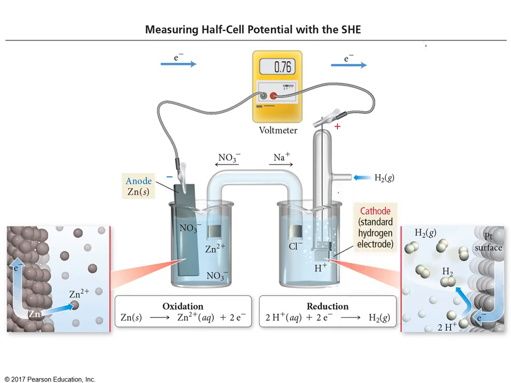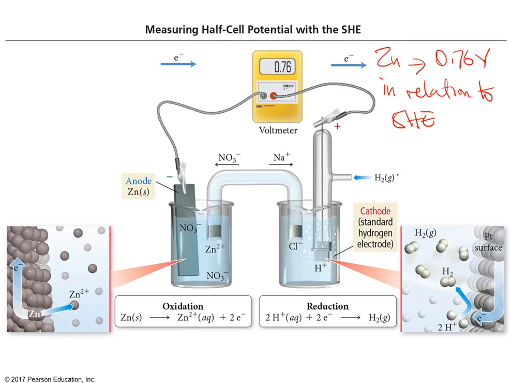Based on that reading, you can say the zinc has a reading of 0.76 volts. But actually, you did not just measure the reading of zinc. You measured the reading of zinc in relation to SHE, the standard hydrogen electrode.